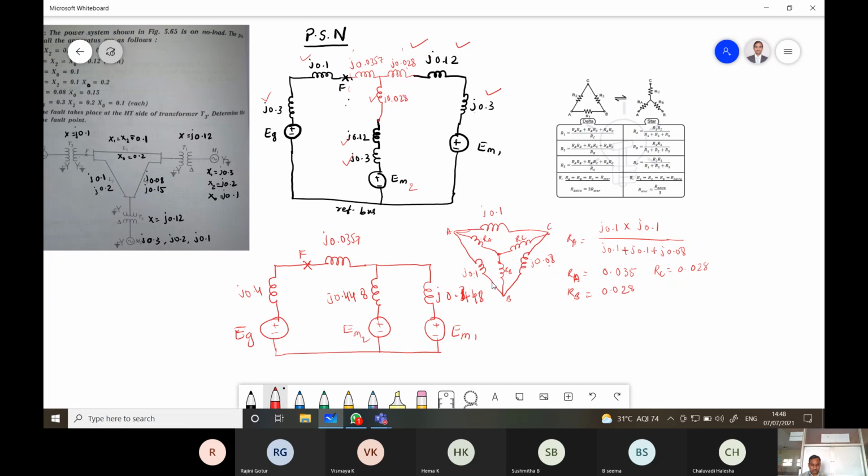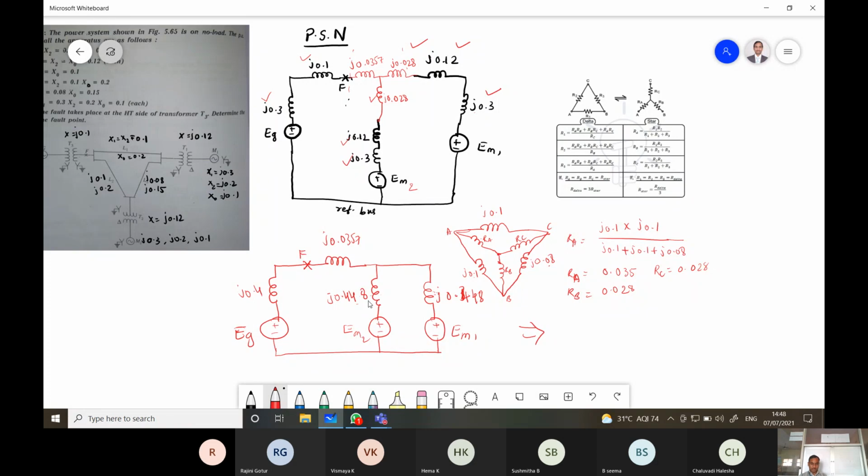Okay, we'll see. So again, to simplify this circuit, so this is 0.4, 0.0357 is there, and these two are in parallel, right?